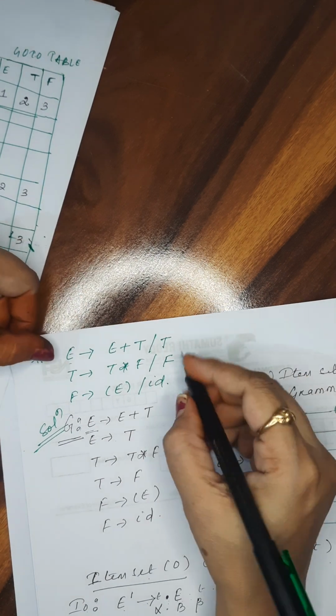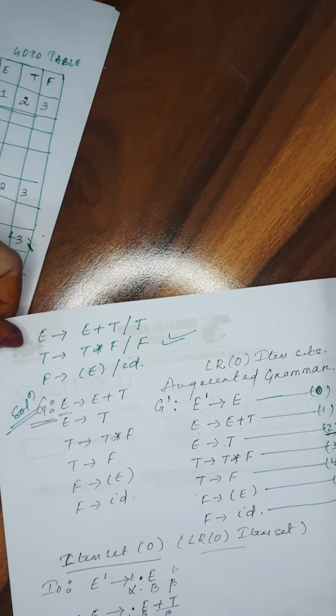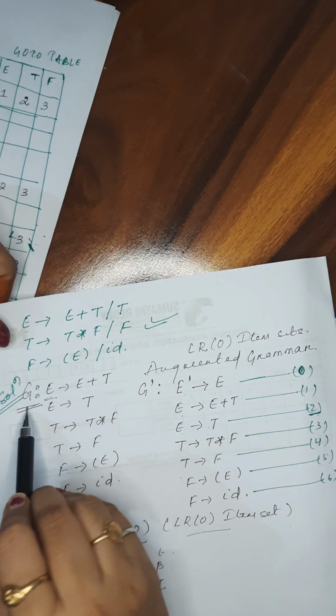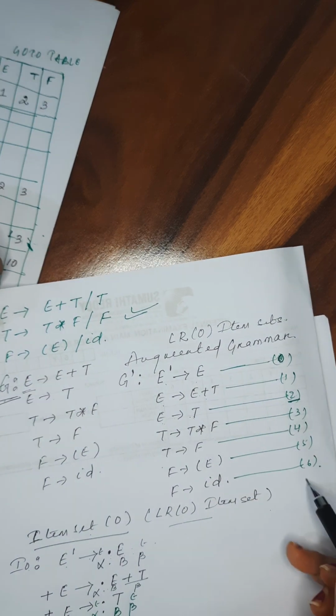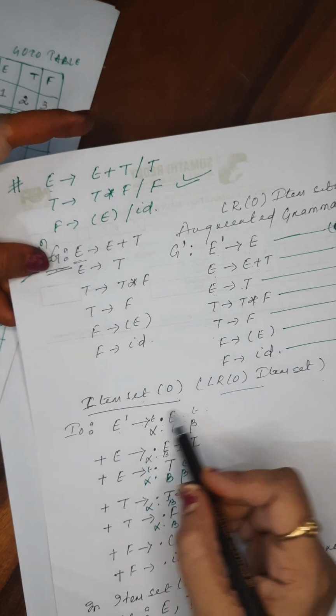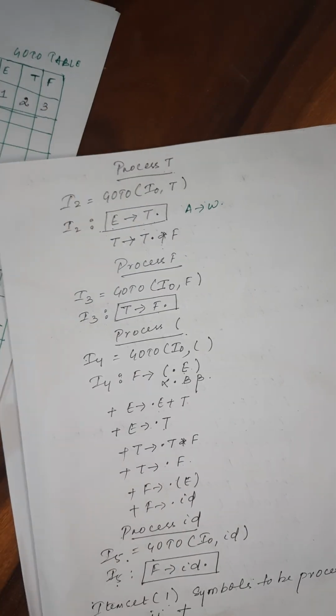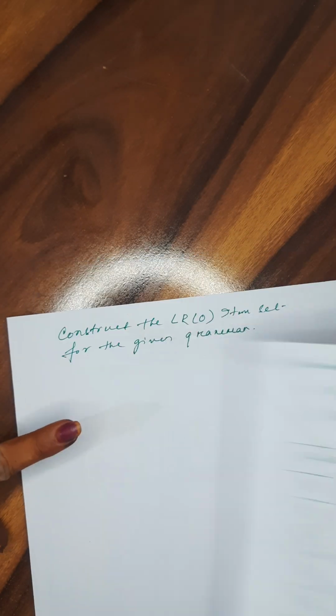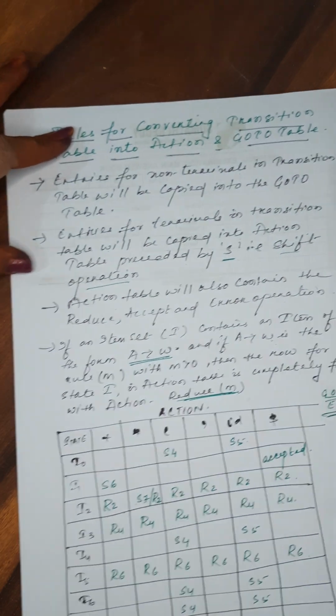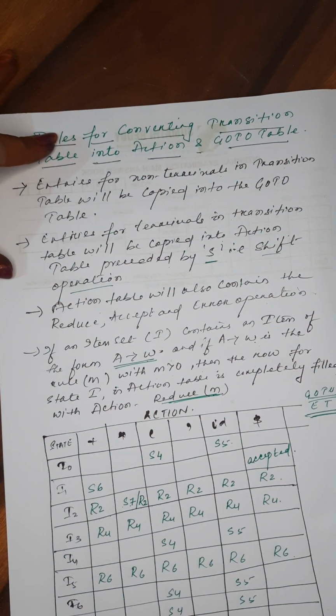First understand what you have to do. For the given grammar means, let us say if this is the example, then you will get the grammar G, you have to construct the augmented grammar G dash, mention the equation numbers, find out the item sets, process them the way we have done. Then you will draw the transition table. After the transition table, you will convert the transition table into the action and goto table. Till this you have to do.